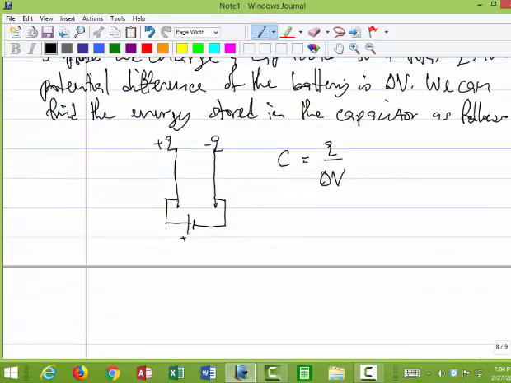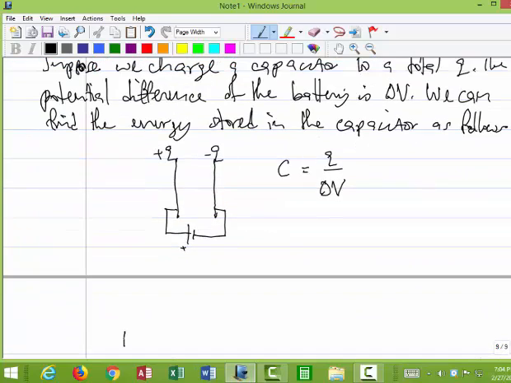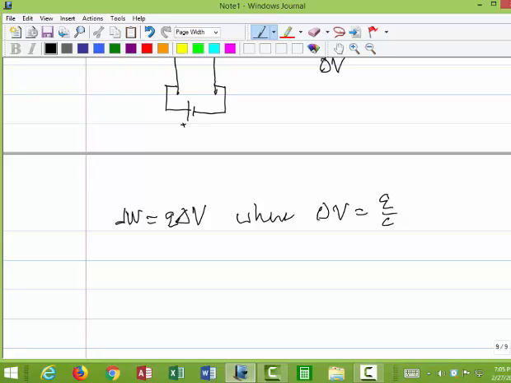And we can say that the work done to charge this capacitor plate is given by the charge Q times the potential difference delta V, where delta V is equal to Q over C. So the work done is equal to the integral of charge times potential difference.